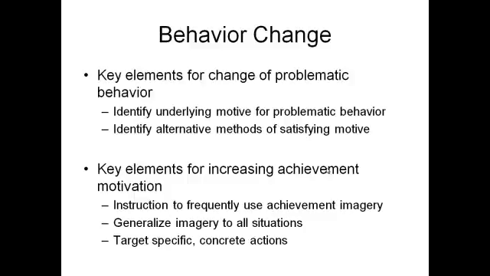Another thing that you could do is try to find the appropriate behaviors to satisfy these needs. For example, they talk about in the textbook that one point of view regarding alcoholism is that it is often used as a way of satisfying a need for power. You feel more powerful when you're drunk and you feel less nervous.